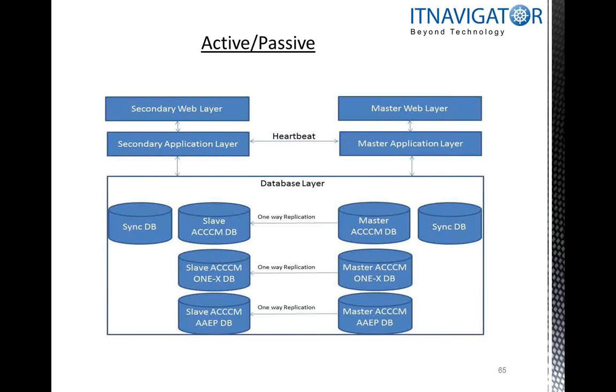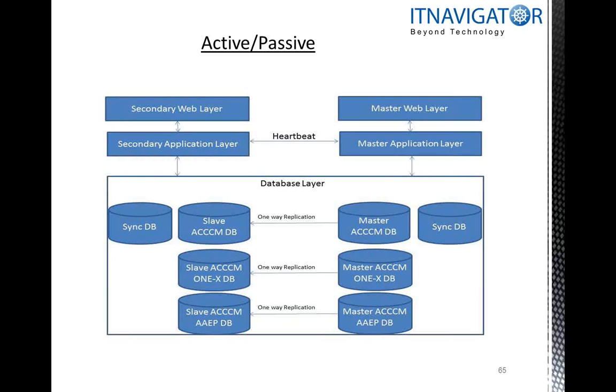The database replication is one way. So there is one-way replication between the master and the secondary. There is also an option later on to recover the secondary data to the master in case it is required, but it's a manual process. It's not automatic. Now, this deployment type of active-passive supports the use of Microsoft SQL Server Express in the secondary node.